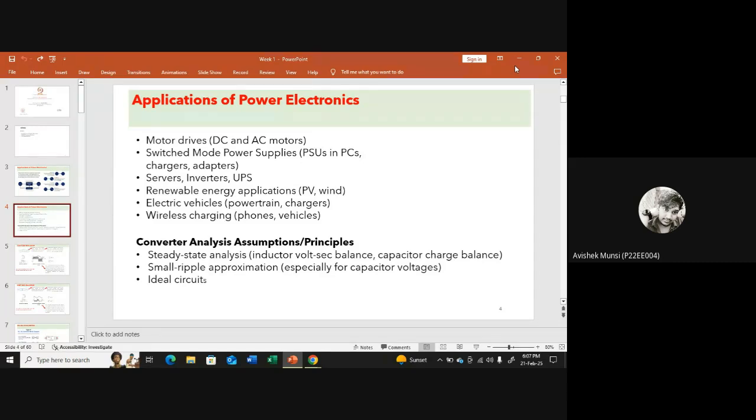And at home we obviously use some kind of inverters, UPS, and that's also built up of some kind of converters. In renewable energy, whenever you're using PV solar, there definitely will be a DC-DC converter giving the voltage output to a battery to charge it or for any kind of function. So in that case we basically use DC-DC converters.